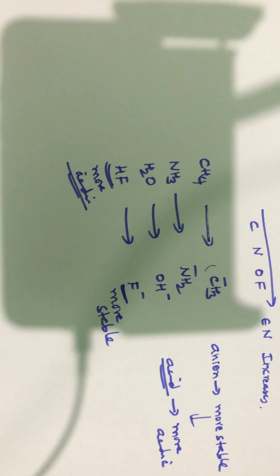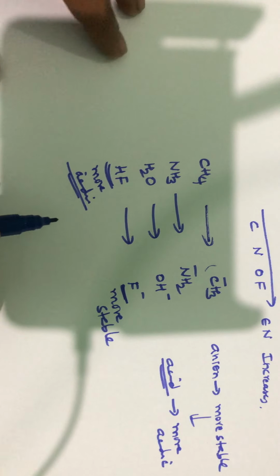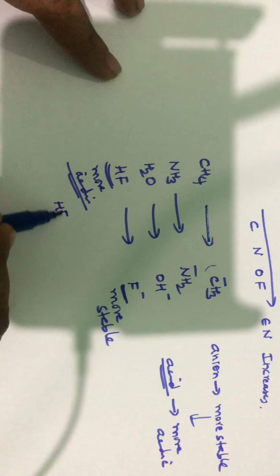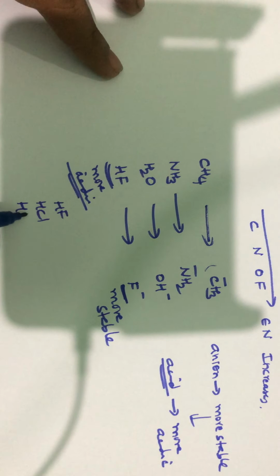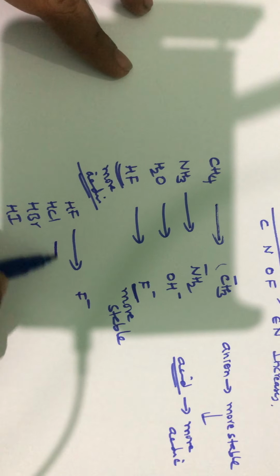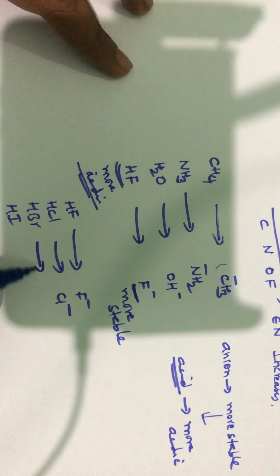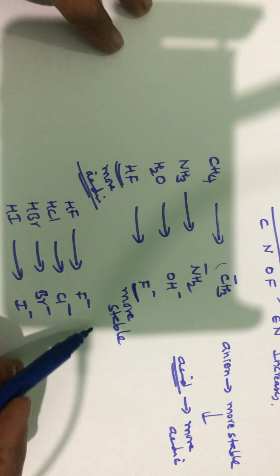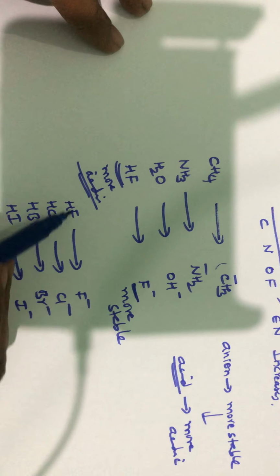If you move down the group, from HF to HCl to HBr to HI, after releasing a proton, it forms F minus, Cl minus, Br minus, and I minus. The same case: if this is a more stable anion, more acidic will be the acid.